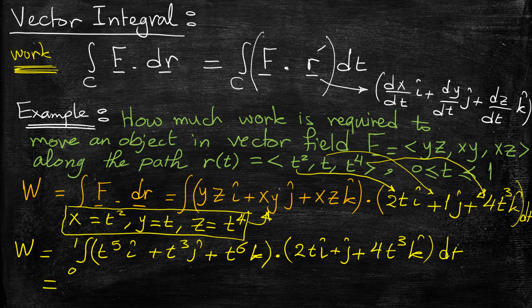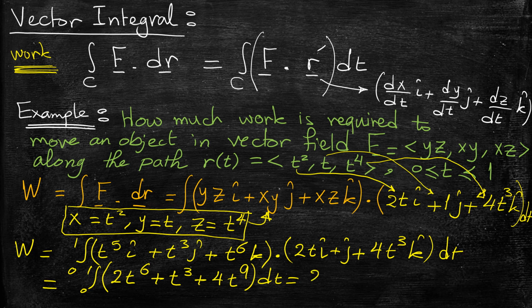Doing this dot product, the first multiplied by the first gives us 2t power 6. The second term will be t cubed. The last term will be 4t power 9, and the integration is with respect to t.